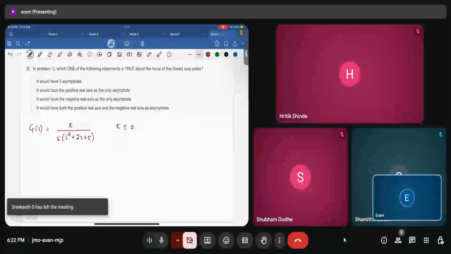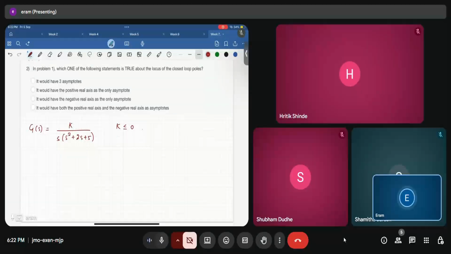You have to identify the correct statement. The first statement is, the root locus would have three asymptotes. Or it would have the positive real axis as the only asymptote, or the negative real axis as the only asymptote, or it would have both the positive real axis and the negative real axis as the asymptotes.